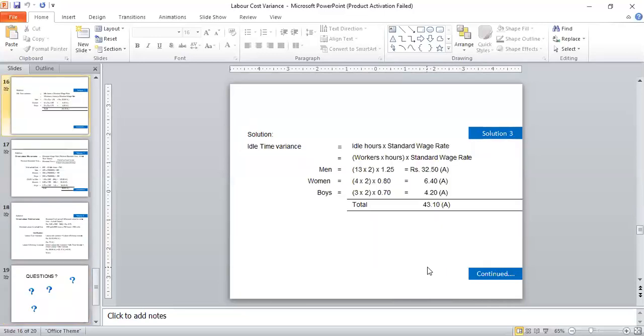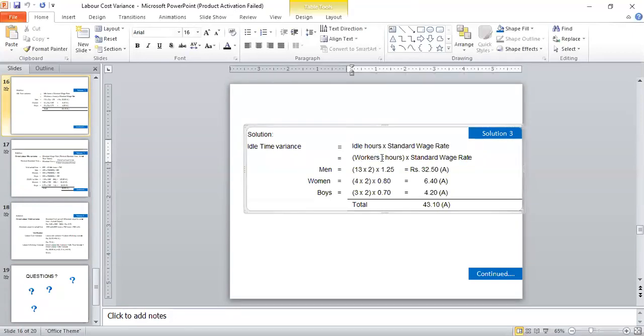Now here we are going to discuss the idle time variance, using the formula as previously mentioned: idle hours multiplied by standard wage rate, workers into hours into standard wage rate. In the category of males, there are 13 workers, 2 hours in a week they have idle time, and the rate is 1.25, that is rupees 32.50 adverse variance.